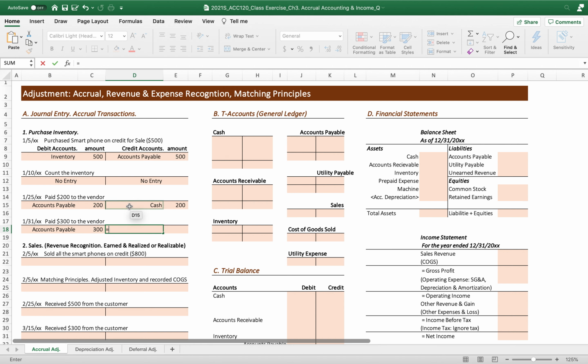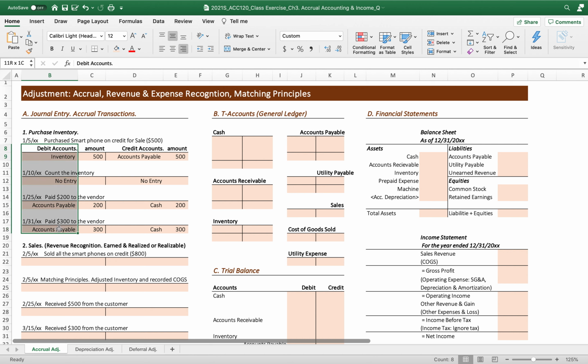So the cash is out. When an asset decreases, it should be recorded on the credit side. If a liability increases, it is on the credit, and decreases are on the debit side. It's the opposite side. You have to remember that, right? The debit is the asset part, and the credit is liability and equity, as it looks like the T balance of the balance sheet.